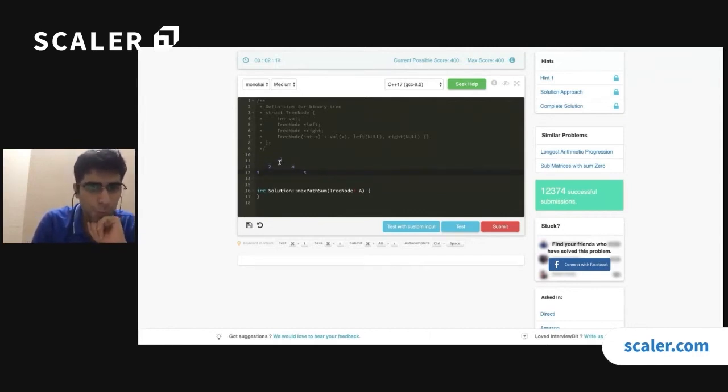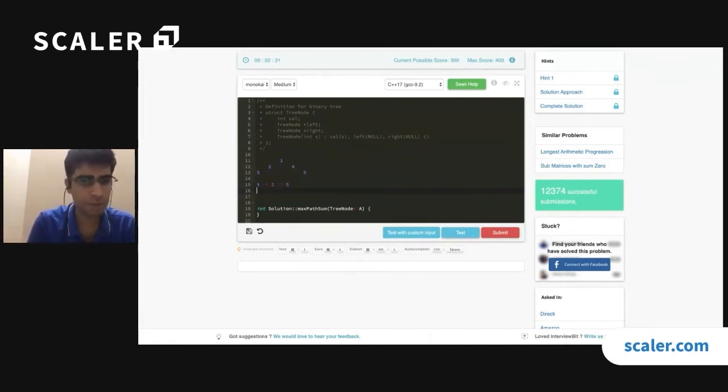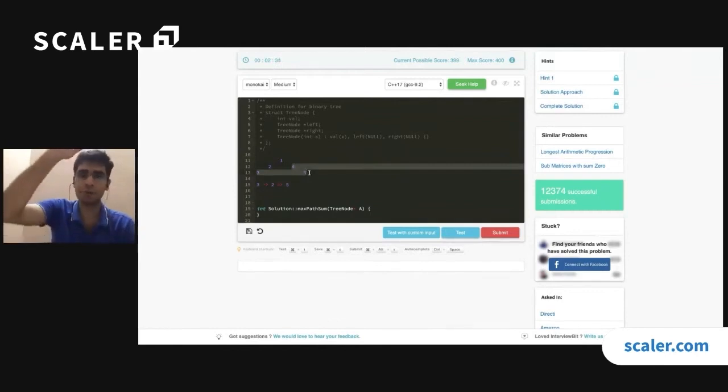So when I try to include the upper 1 in my path, I will join it with one path that was coming upwards from the left hand side. What was the weight of that path? That path was 3 to 2 with a weight of 5. Similarly, I will also join it with a path that starts at 4 and ends at 5, which is only in the right hand side of the subtree.